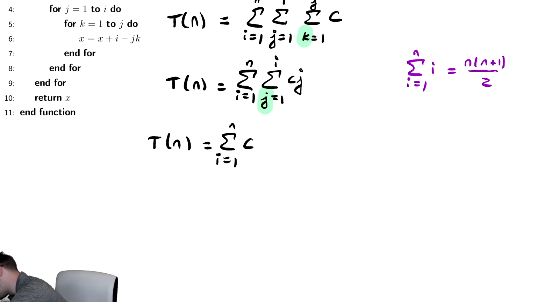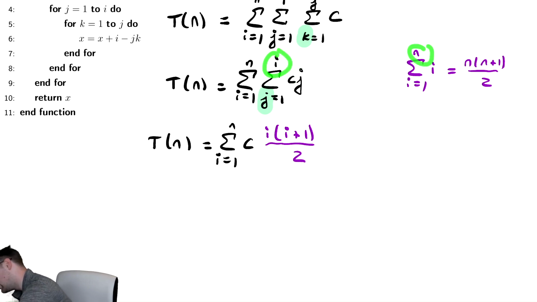So we're going to use that exact formula. However, our top bound is i, so we're doing i times i plus 1 divided by 2. The only difference between these formulas being the c, which I can factor out, and the fact that j is playing the place of i, and i is playing the place of n.